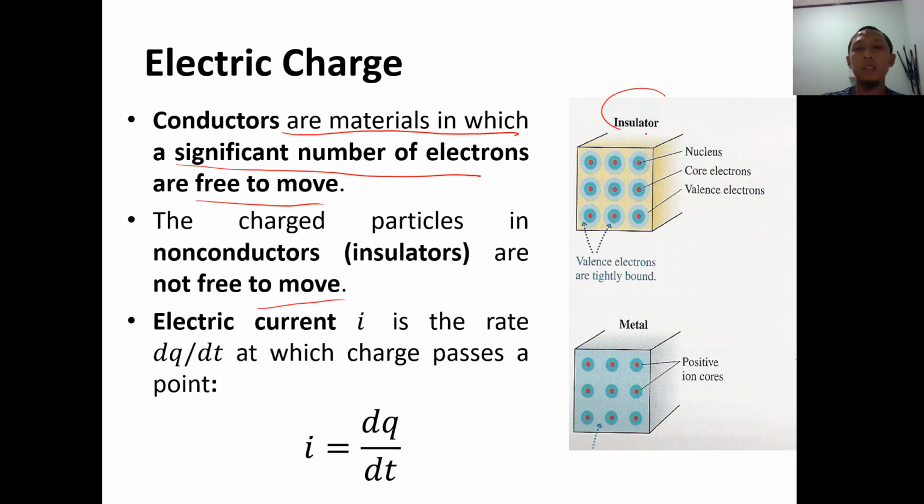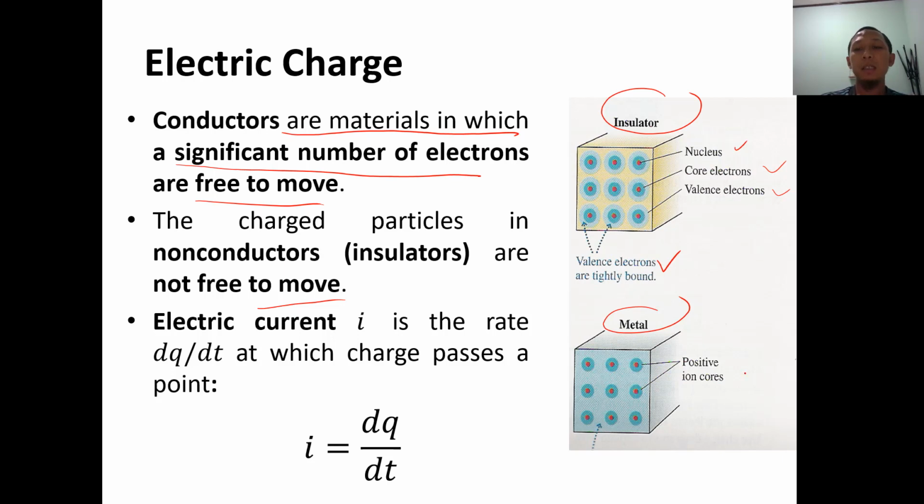It's like this one: in an insulator, the electrons or charge are not free to move. It means that the valence electrons are tightly bound. We have the nucleus, core electrons, and valence electrons, and they are tightly bound.